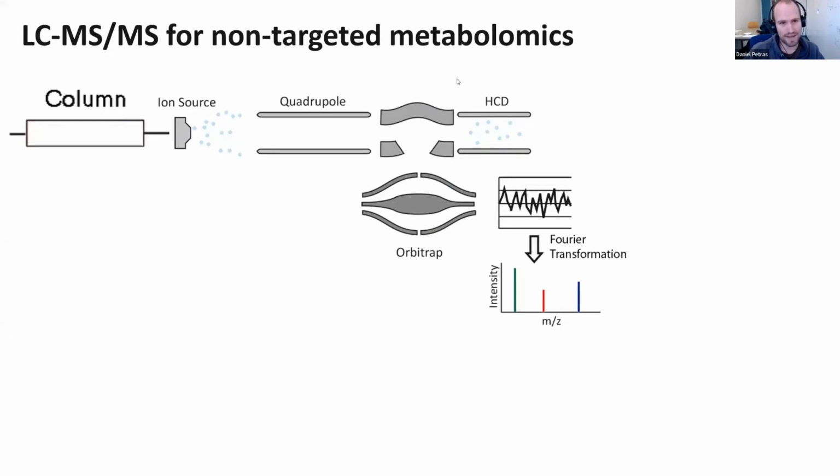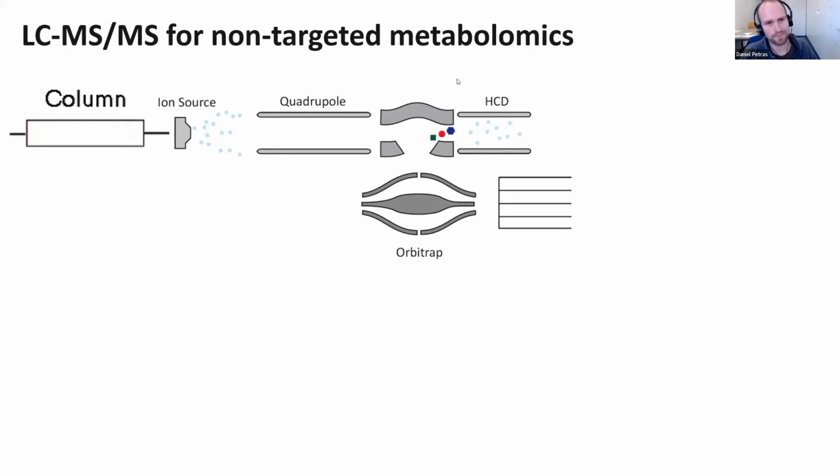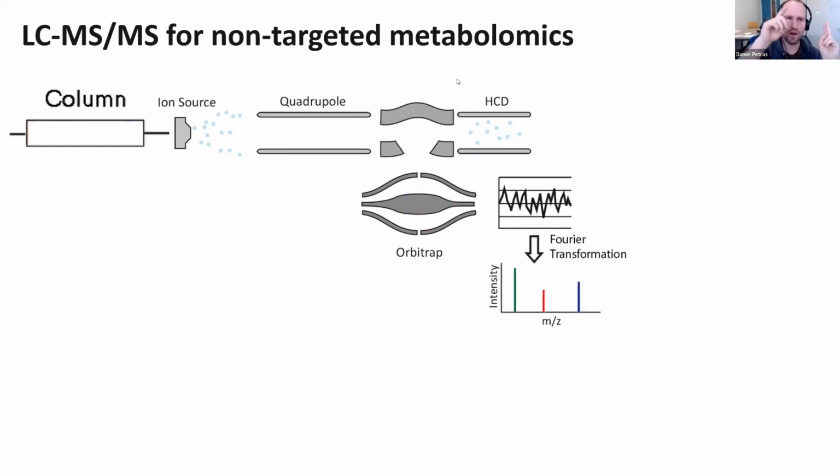What DDA basically does is that it switches the acquisition mode of the mass spec between full scans, where we don't fragment and just get information on all molecules that elute at a certain time, and MS2 scans. It uses these MS1 scans as a kind of survey scan, where it checks what the signals are that elute at a given time.